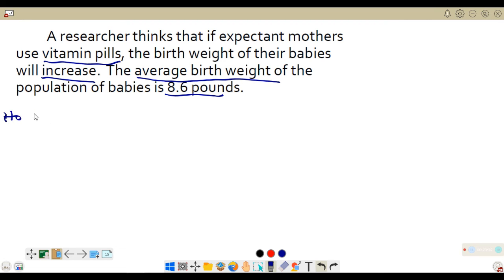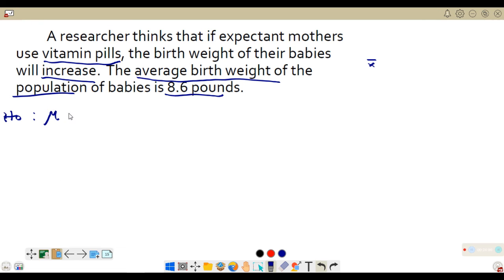So, let's write here H sub O. Take note, this is average birth weight. So, ang ilalagay natin ay teka. May mali ako. Kasi, hindi nga pala dapat ito yung gagamitin natin. Kasi, naka-mention dito population. So, dapat ito.